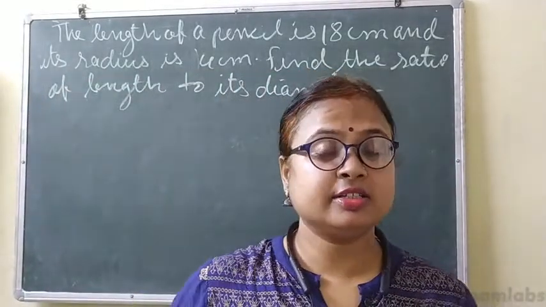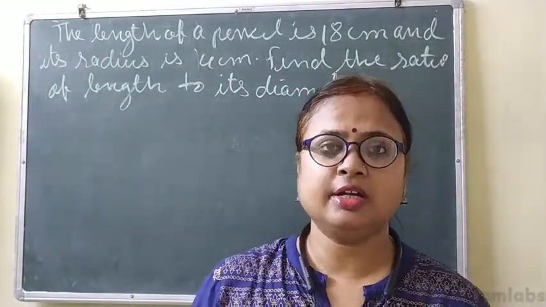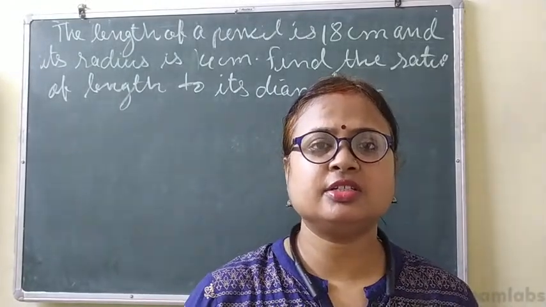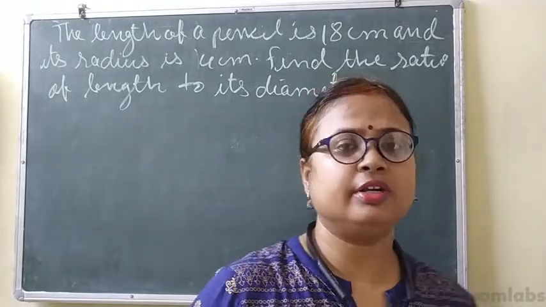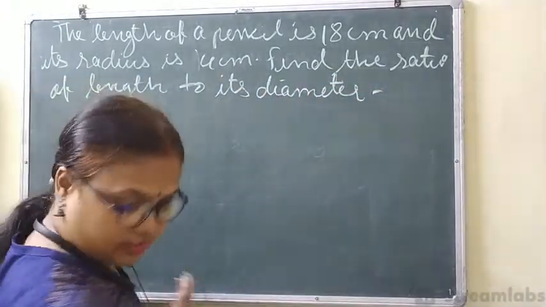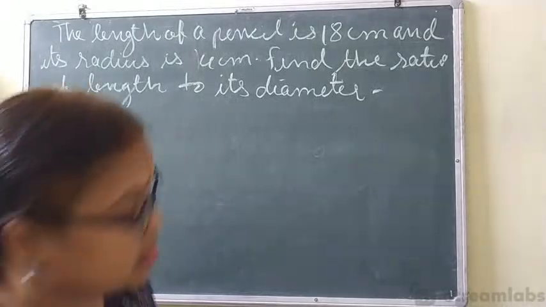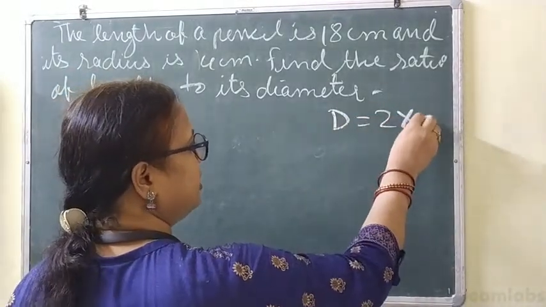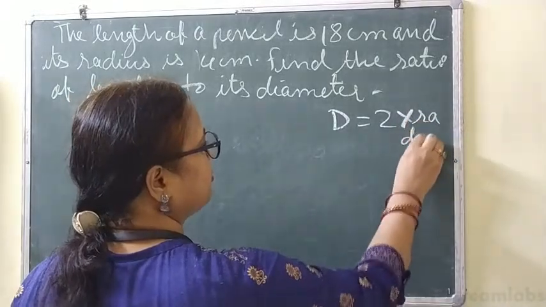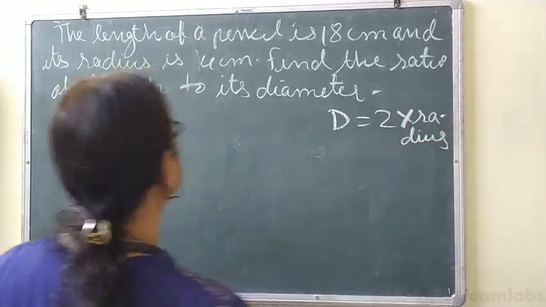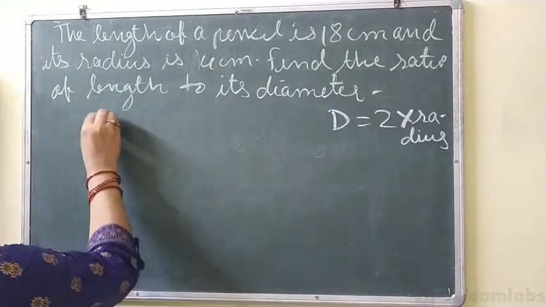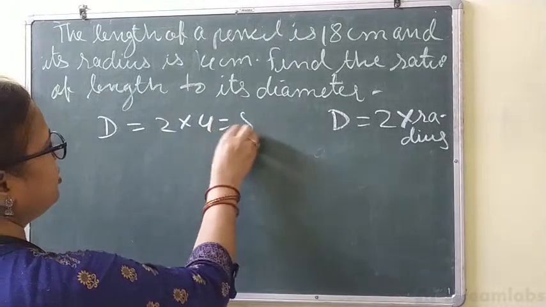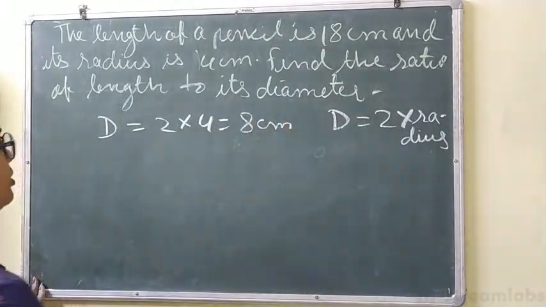Radius is given and it is asked about the diameter. So what is the relation between the radius and diameter? Diameter is equal to 2 into radius. Clear? This is the formula. So diameter will be equal to 2 into 4, which is equal to 8 centimeter.